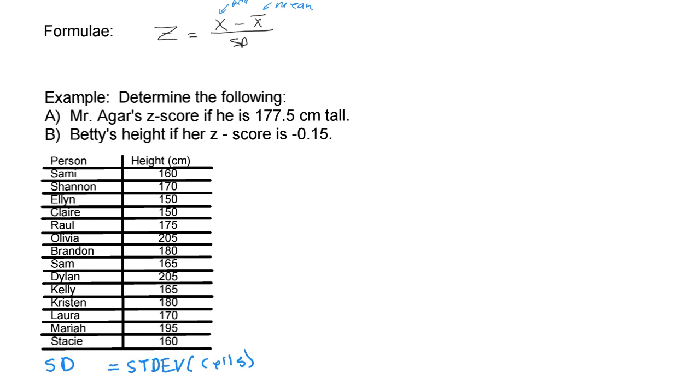And for the mean, we take the sum and divide it by the number. If you decide to do it on your Google spreadsheet, for the mean you're going to use AVERAGE, and then the cells that you want to use.